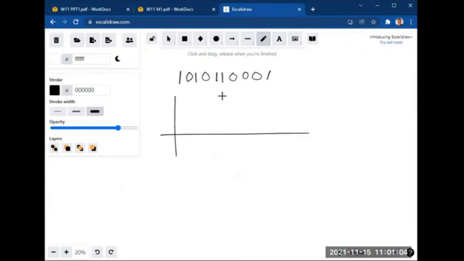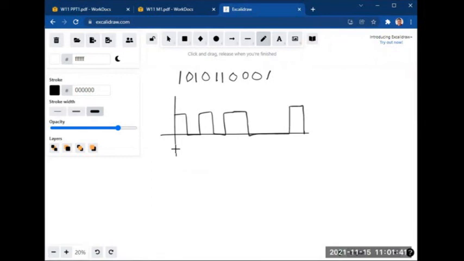If we plot this in the diagram, we have 1 0 1 0 1 1 0 0 0 1. When we transmit data using our electronic systems, we are using time, clock, timing, sampling time.